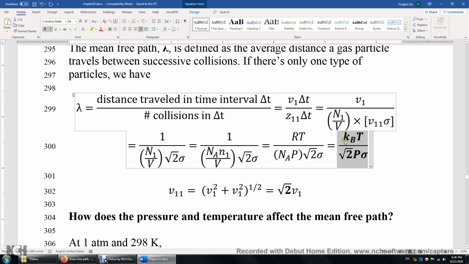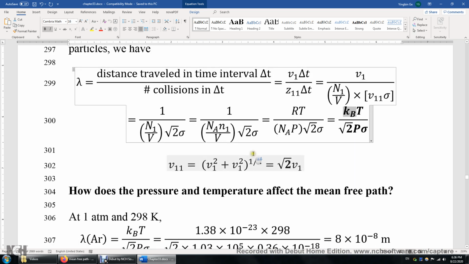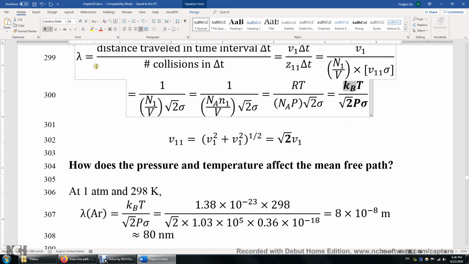It's roughly 1.38 times 10 to the power of negative 23 joule per Kelvin. We can tell this lambda depends on temperature and pressure. If you have a higher temperature, you have a lower number density, and then you have a longer lambda. When the pressure is high, you have a higher number density, and therefore you have a lower lambda.